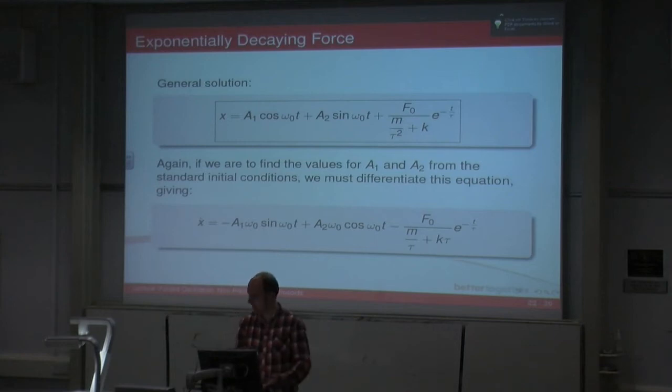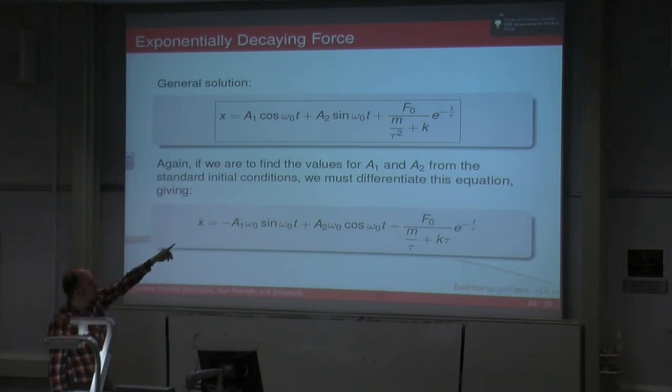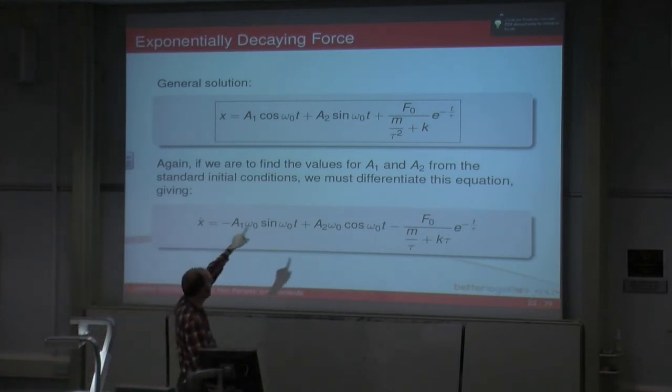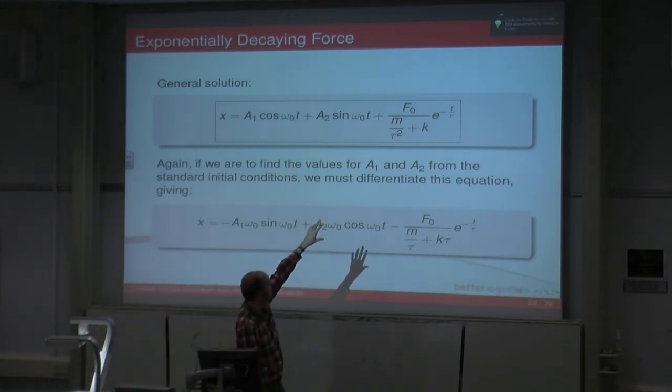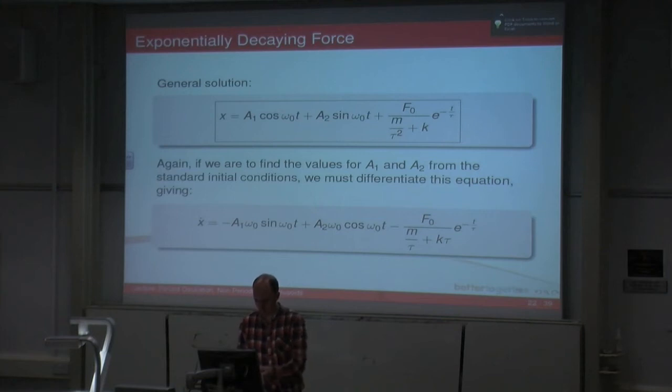This is the ugliest solution, to be fair. We stick in t equals 0 for displacement. We have A1, and then you have e to the minus 0 upon tau. Well, that's e to the 0, which is 1. So we end up with A1 plus F0 upon m divided by tau squared plus k as a, okay, so that's the first bit.